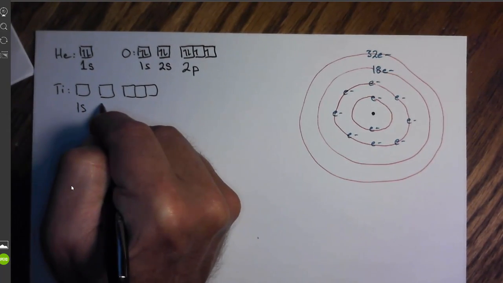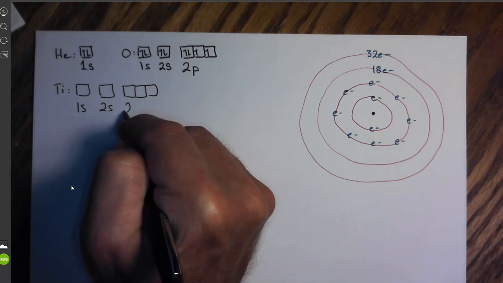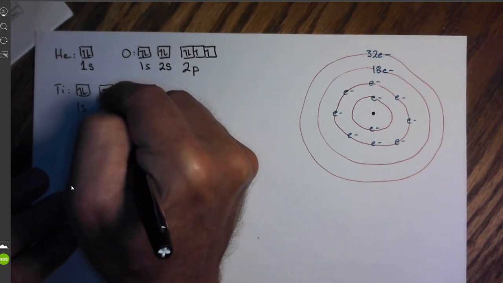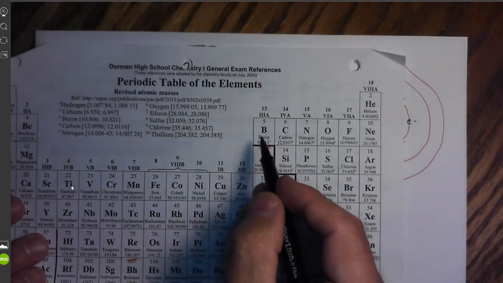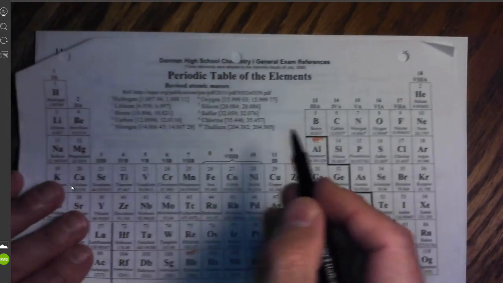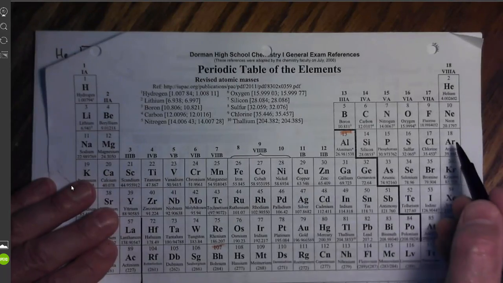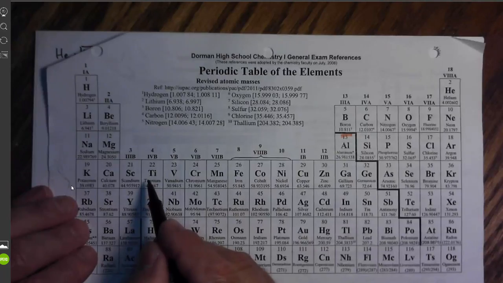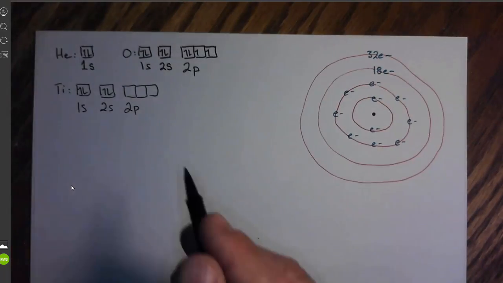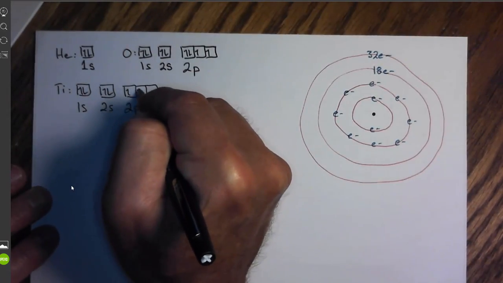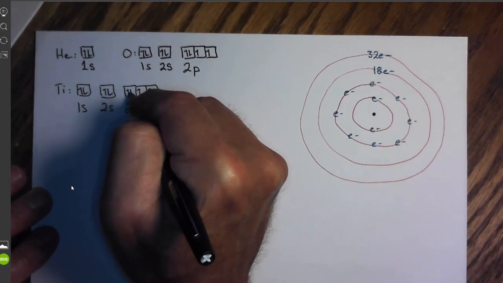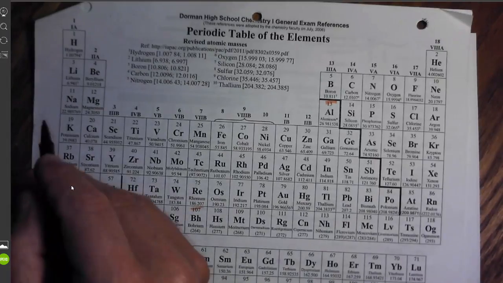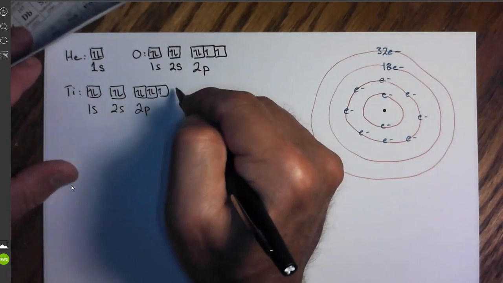So 1s, 2s, 2p, those are all going to be completely full, because we went through all these elements over here before we went down to this row, then all these elements over here before we went to this row, then these elements up to here on the periodic table. So this is going to be full. I'm going to put 1 in each orbital, then go back and pair it up. And then we've got to fill up the third row. Well, the third row works the same as the second.